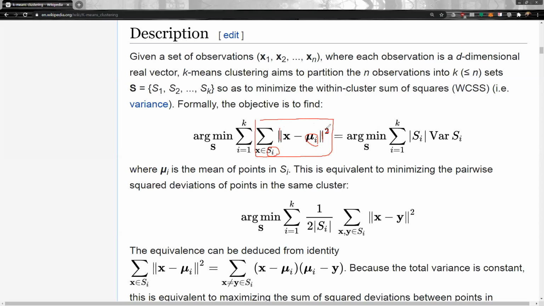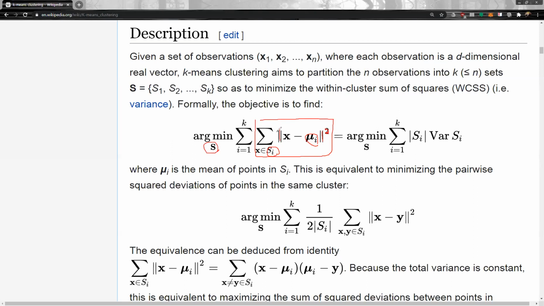This is the measure of distance, squared Euclidean distance, and then we sum all the distances, and we want to minimize this sum of differences by selecting the appropriate S.